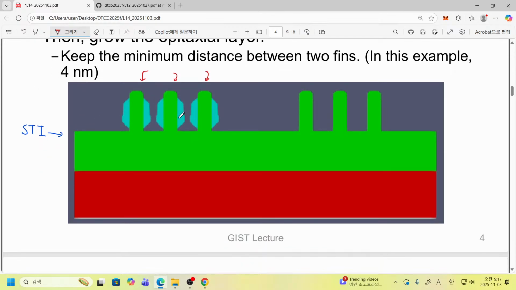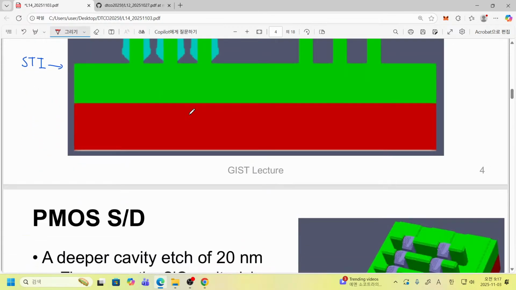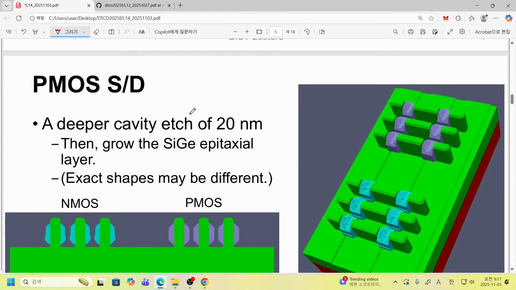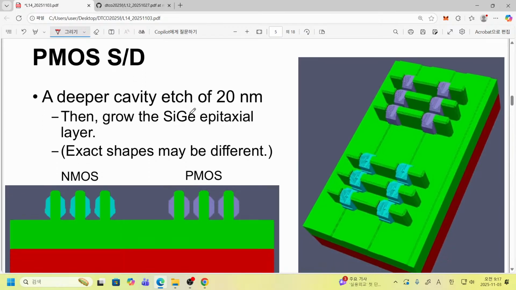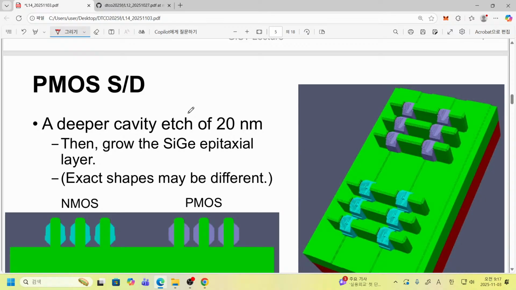Yes, here we have the N MOSFET, and also we can go to the P MOSFET. In the case of a P MOSFET, usually we make a deeper cavity etching, in this case 20 nanometers. But why is 20 nanometers taken? Actually, engineers did some exercise.